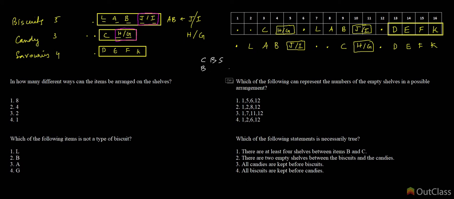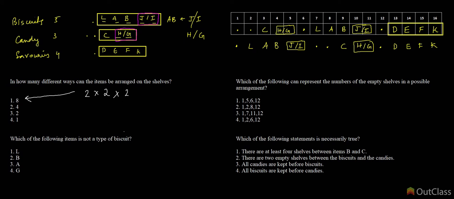So there are two ways of doing that, and within the set of candies there are two ways of arranging H and G, and within the set of biscuits there are two ways of arranging J and I. So that gives you 2 into 2 into 2 is equal to 8 total arrangements possible.